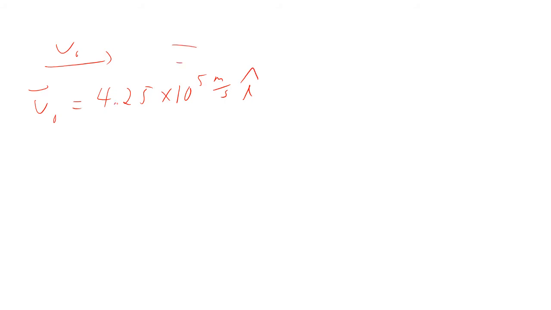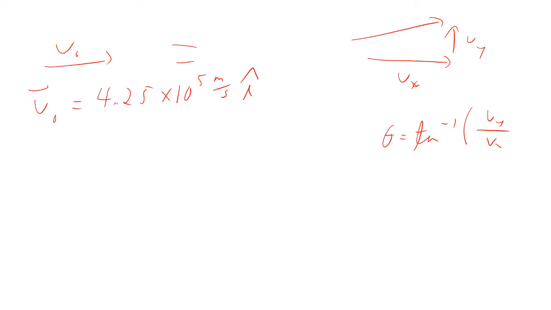Now, after it's been through my device, it is going this way. So that means it's got a Vx component and a Vy component. If I want to find theta, that's going to be the inverse tangent of Vy over Vx. So in order to find theta, I am going to need to know Vy and Vx.